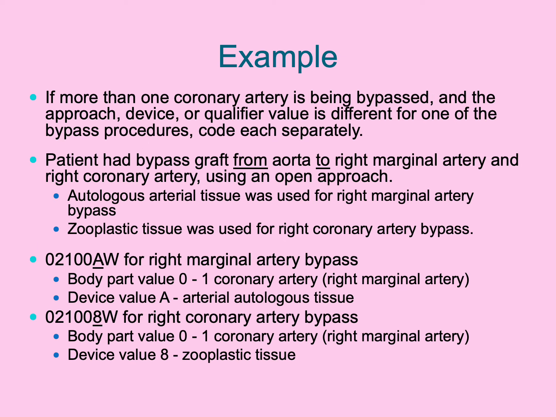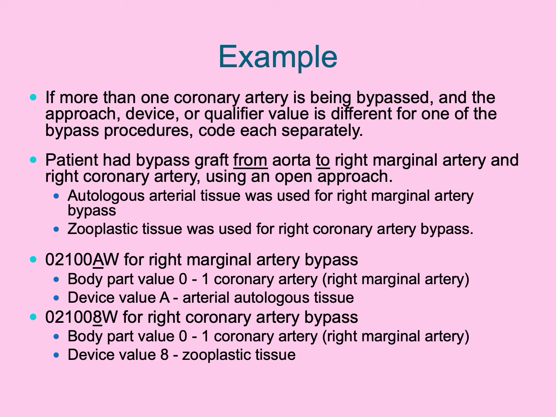In the previous examples, the 2 cases were the same except for the specific coronary arteries involved. The devices and qualifiers were the same, but this is not always the case. Here's another example. Patient had a bypass graft from the aorta to the right marginal artery and the right coronary artery using an open approach.